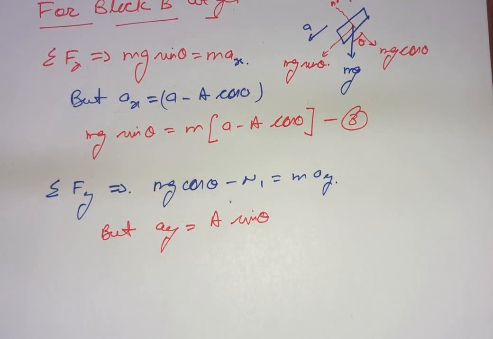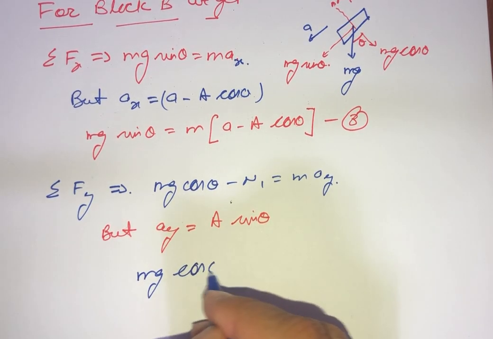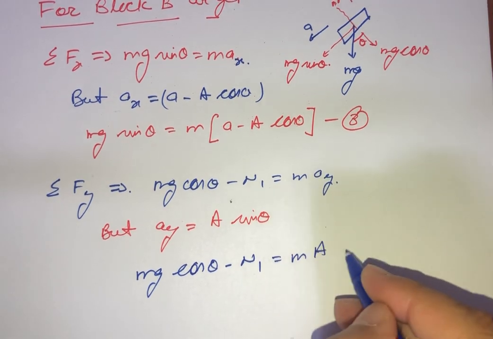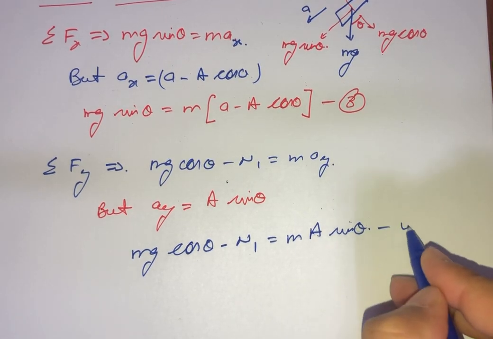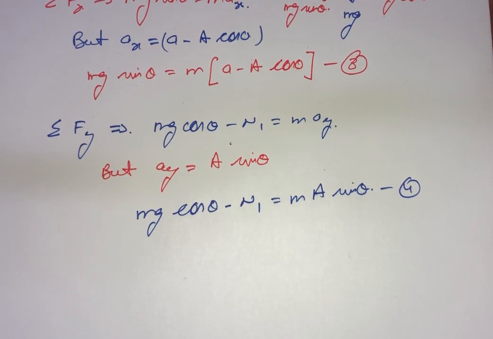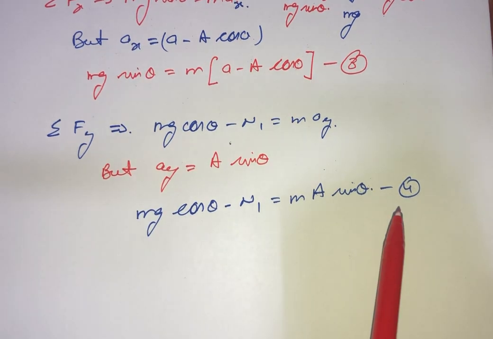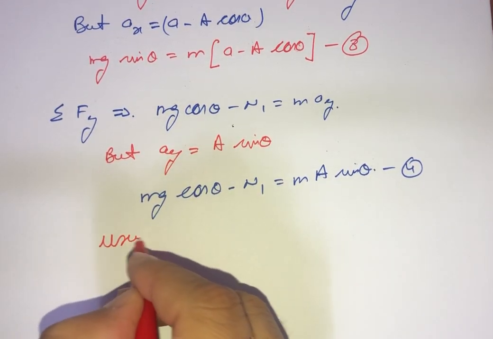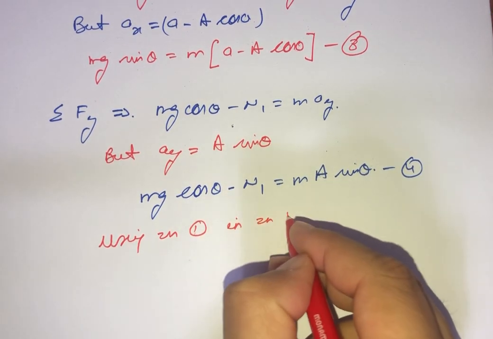So we substitute the value, we get mg cos of theta minus N1 is equal to m A sine of theta. Let us call this equation number 4. So we already know value of N1 from equation 1, and we put here in equation 4.